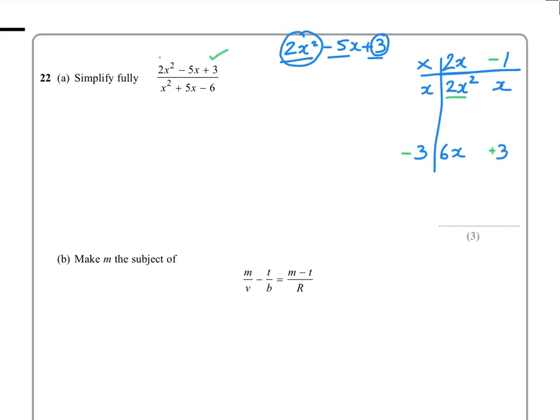You've got the 2x squared here, and then think carefully. If you do x times -1, that will give minus x here. And then here, you'd have -3 times 2x, which is minus 6x. So what would you have then? You'd have minus 6x minus x, which is minus 7x. Well, that's not going to help either.